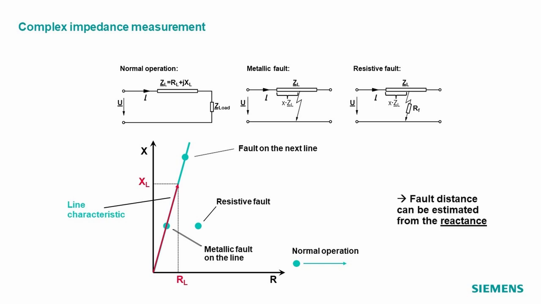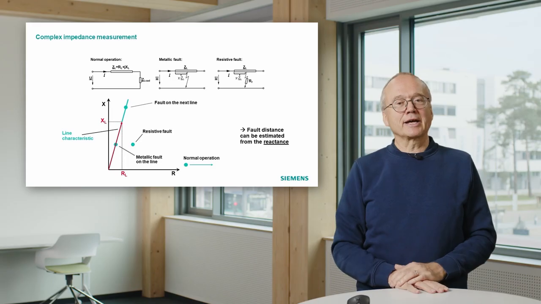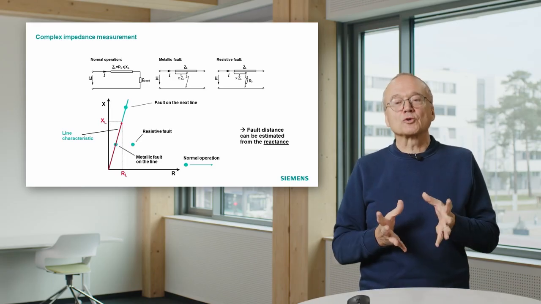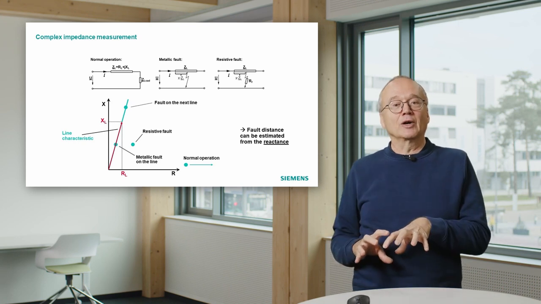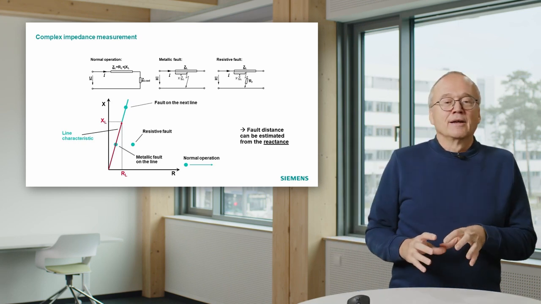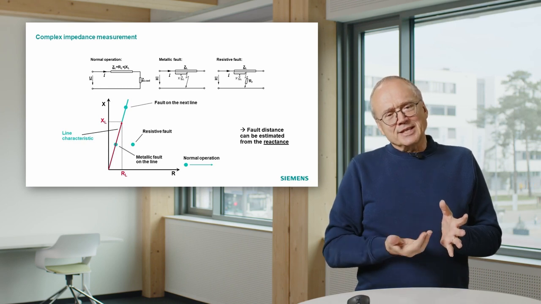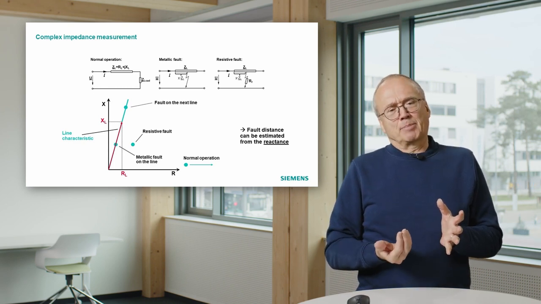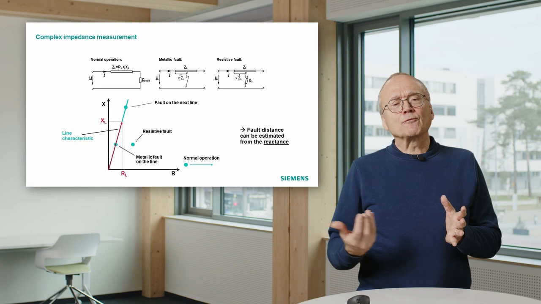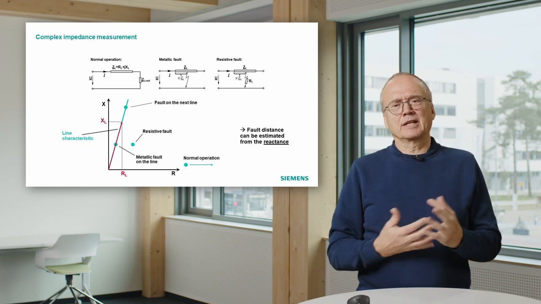That means as a result of this discussion, we don't want to draw nice diagrams. What we want to do is make the decision: is the fault on our line or not? And what can we take? We see the resistive part of the measured impedance is influenced by the fault resistance. And it can be anything.